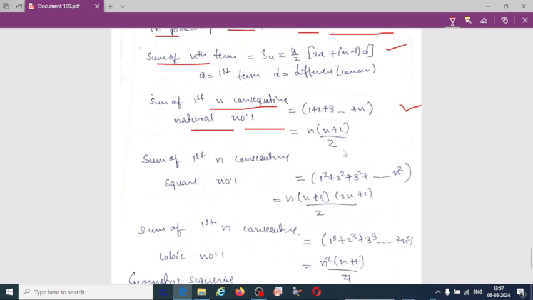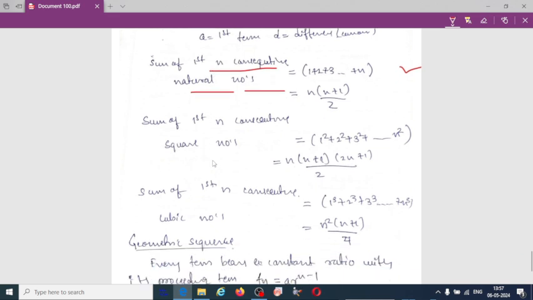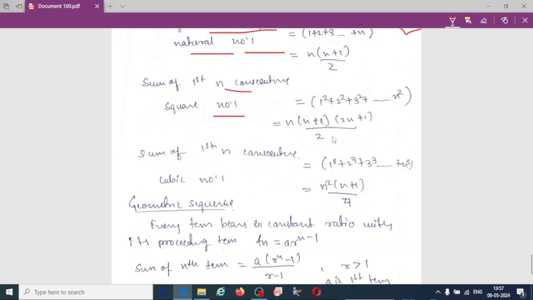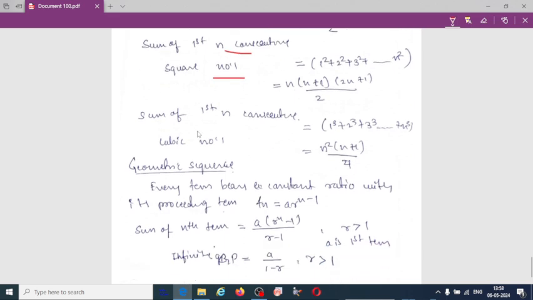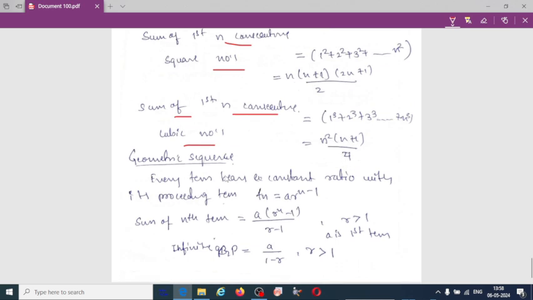Directly you can use this formula if the sum of the first n consecutive numbers is asked. The sum of the first n consecutive square numbers is n into (n plus 1) into (2n plus 1) by 6. The sum of n consecutive cubic numbers is given by n square into (n plus 1) whole square by 4.